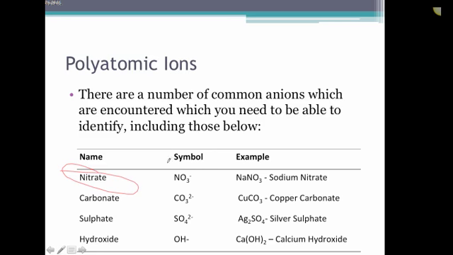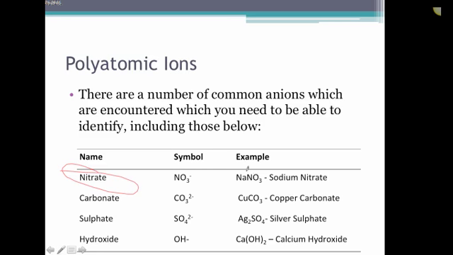So if you were to refer to a compound which was ionic, clearly this would be linked up with a metal. You can regard this as the non-metal component, and the metal in this case is sodium. So we've got this compound here called sodium nitrate.